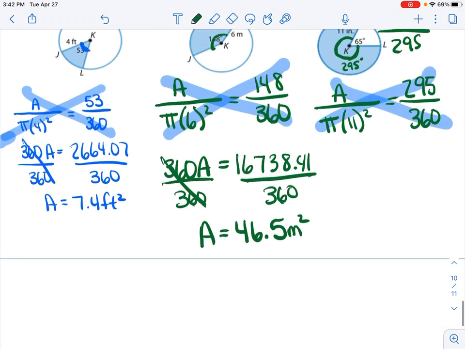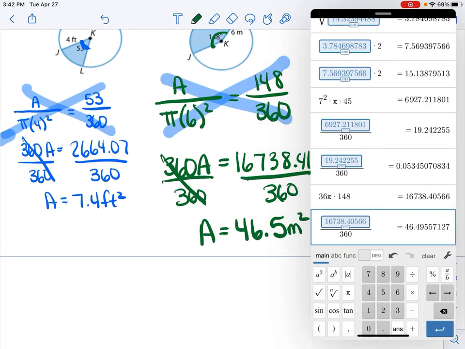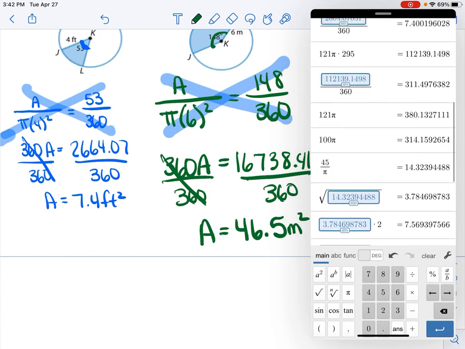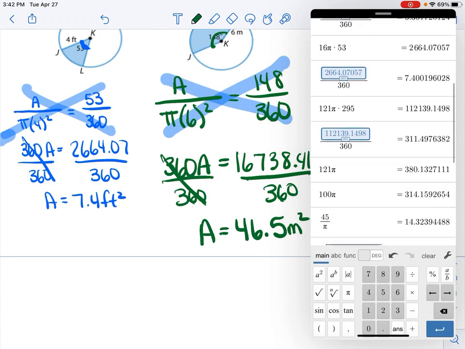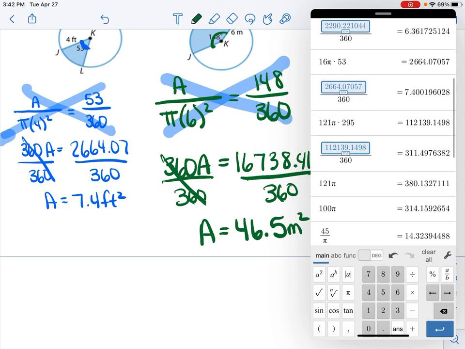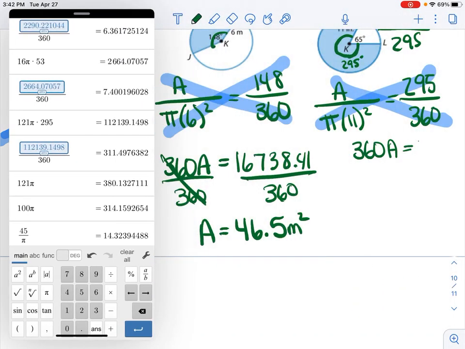Cross multiply to solve. 360a is equal to a pretty big number, 112,139.15.